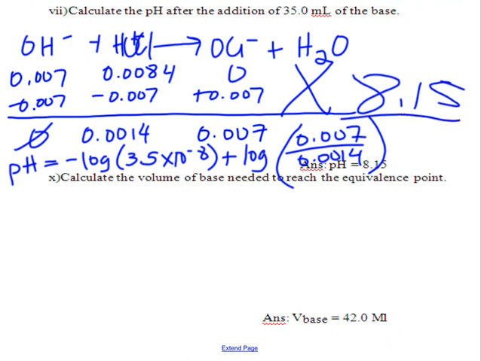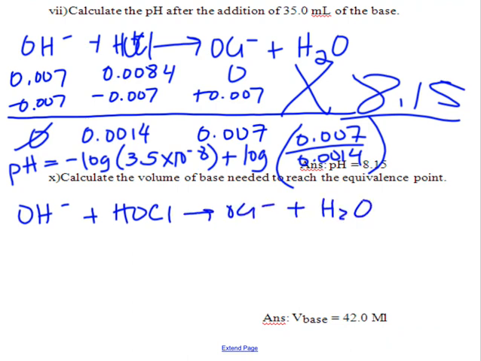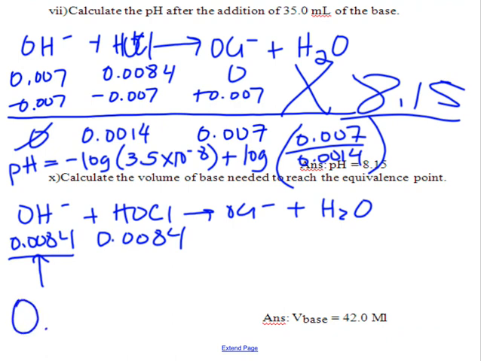Okay, now we're going to calculate what we need to be at the equivalence point. Remember, at the equivalence point, here's the difference, why this is kind of cool, why we're not going to have a pH of 7. We know this is 0.0084. So to be at the equivalence point, that has to be 0.0084 as well. The molarity of our base was 0.2, right?